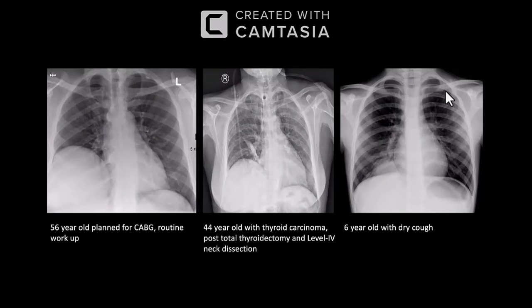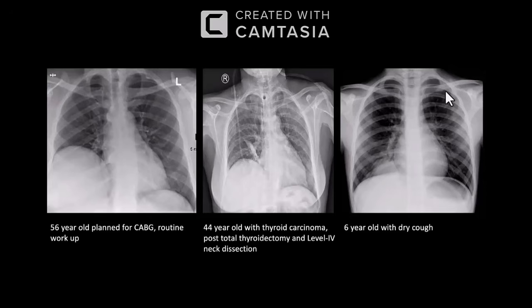I cannot see any associated apical mass lesion, any hilar lymphadenopathy, or any lung mass or nodule. If this patient is asymptomatic, the first thing I would think of is diaphragmatic eventration.